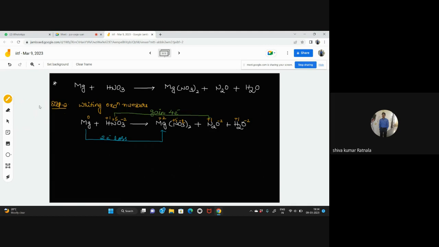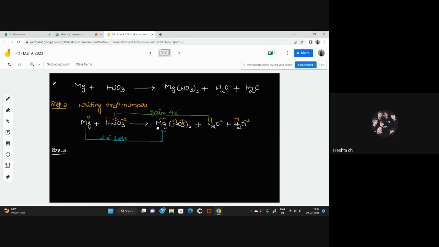Next, what do we need to see? What is step 3? Calculating the change in oxidation state, and we have calculated 2 electrons and 4 electrons.